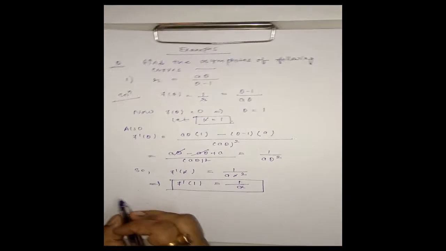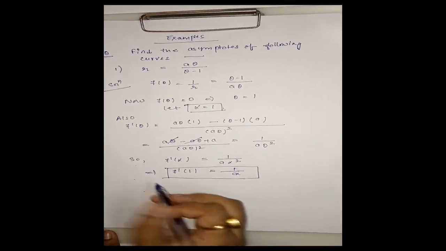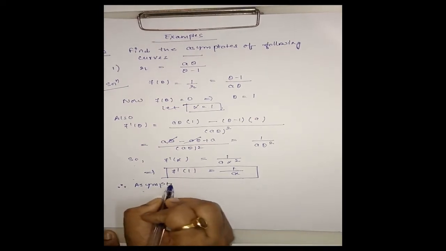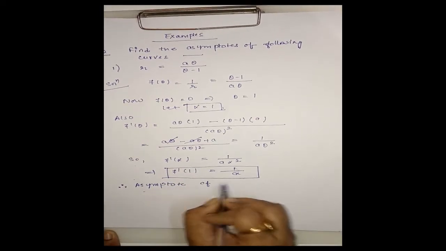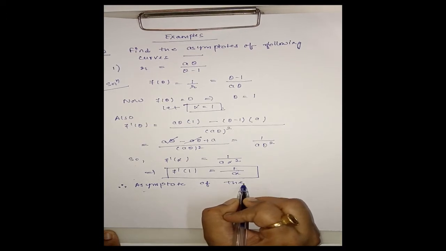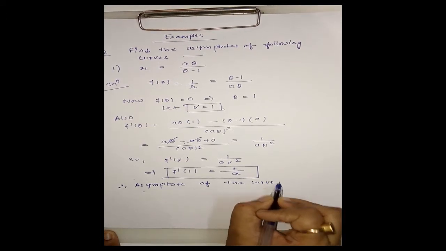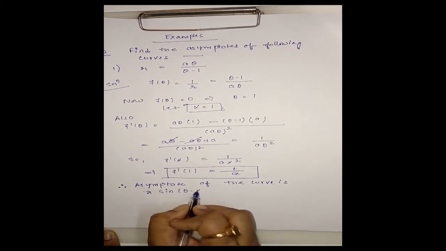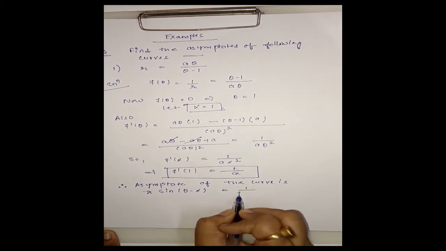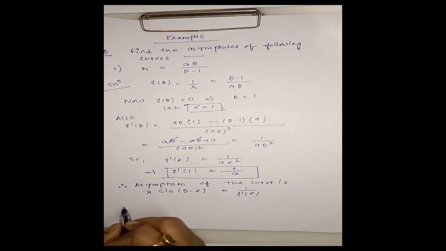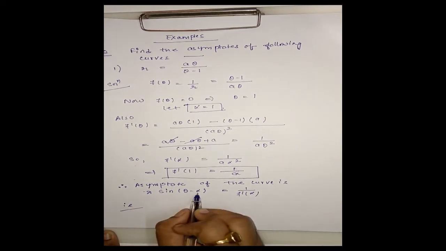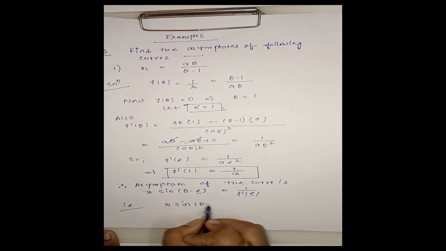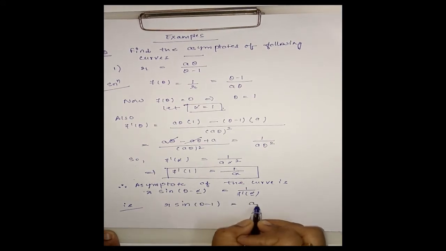Now therefore, the asymptote of the curve is r sin theta minus alpha is equal to 1 upon f dash alpha. That is, substituting values of alpha, I get r sin theta minus 1 is equal to a.